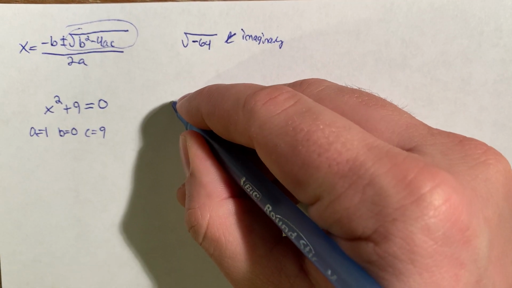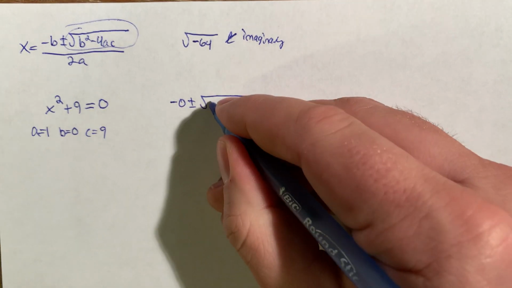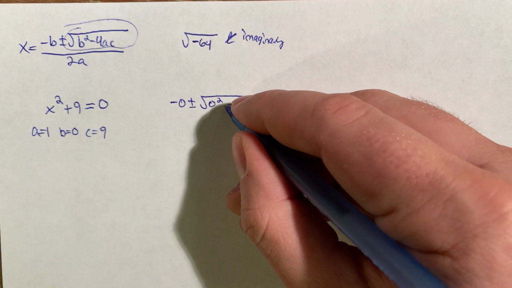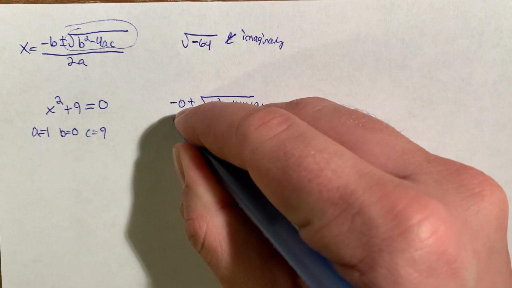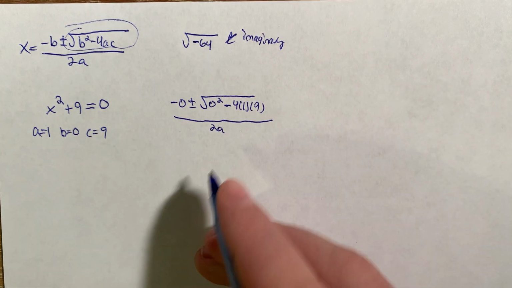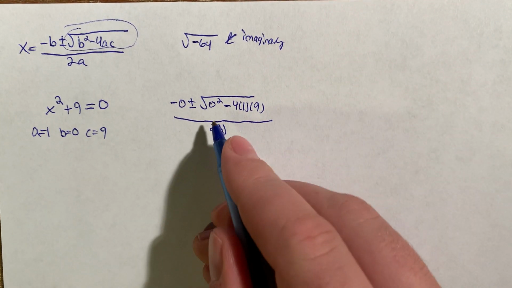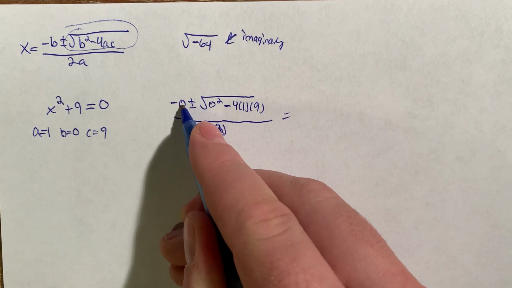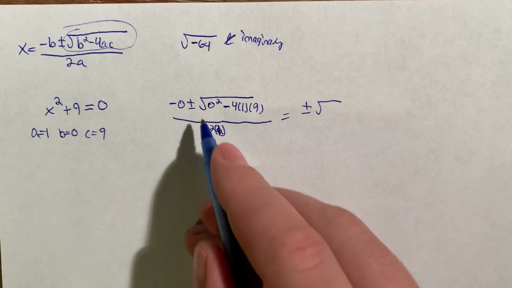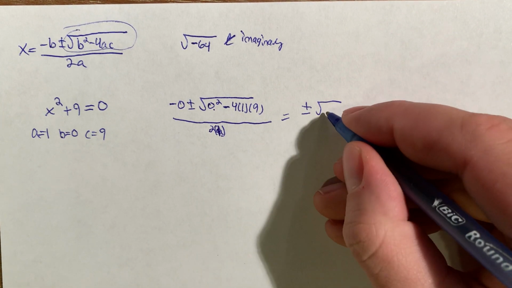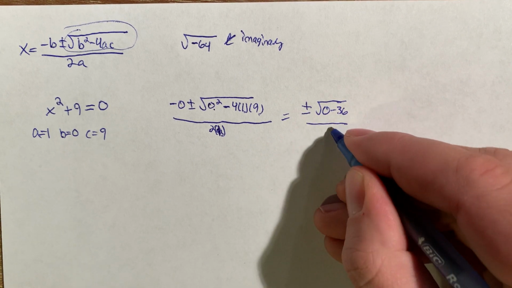Let's do the quadratic formula. -b, so -0, plus or minus the square root of 0 squared minus 4 times 1 times 9, all over 2a, which is 2 times 1. So let's start simplifying this. When you have 0 plus something, you don't need to write it. It's just plus or minus the square root of 0 squared, which is 0, minus 4 times 1 times 9, which is 36, all over 2.